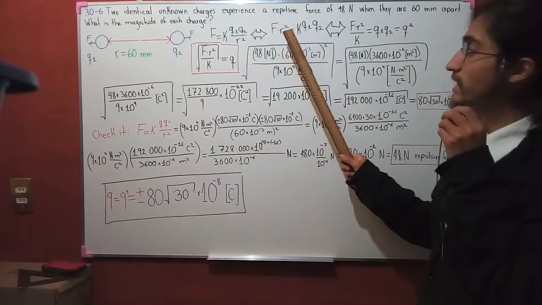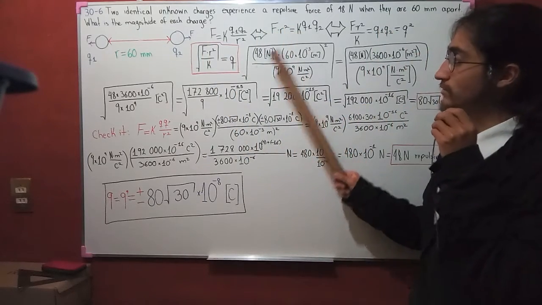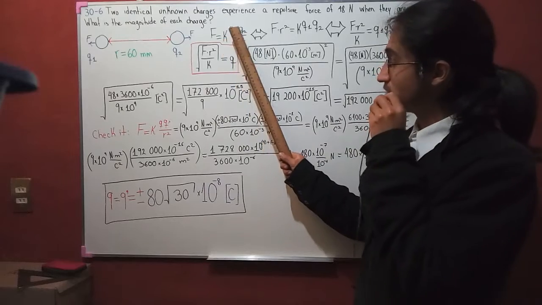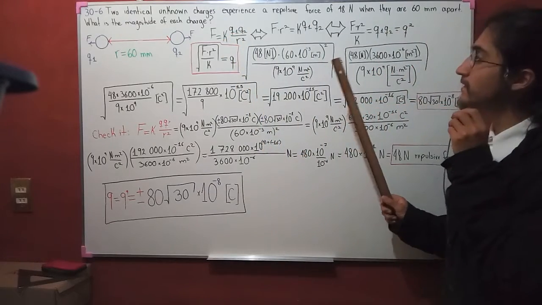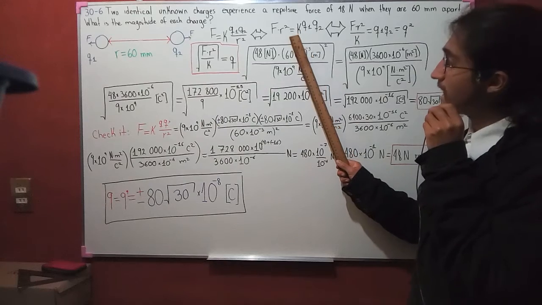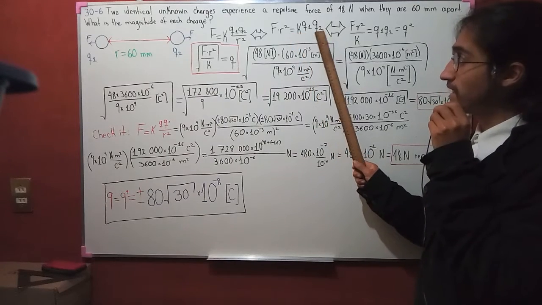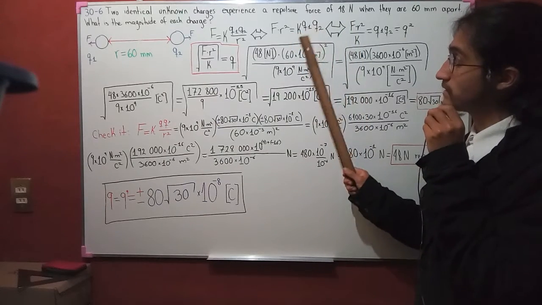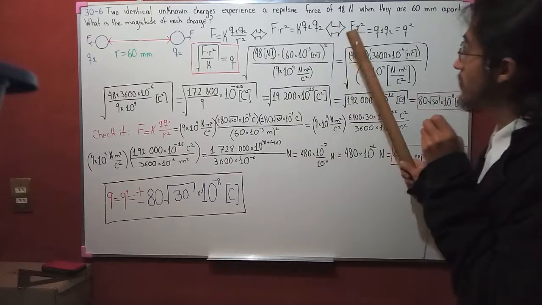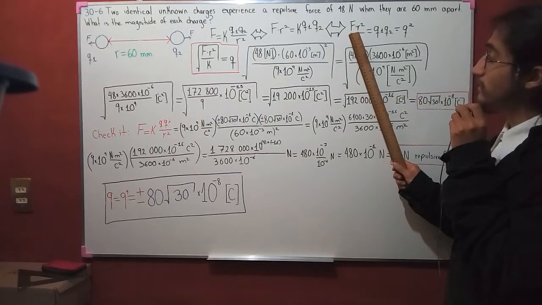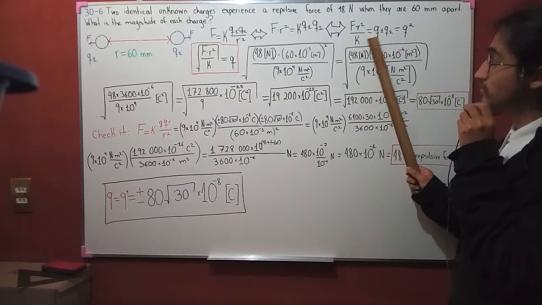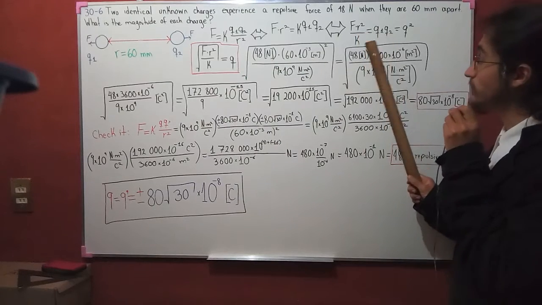So F multiplying R squared is equal to K multiplying Q sub 1 multiplying Q sub 2. Then K is multiplying on the right, so it must divide on the left. So F multiplying R squared divided by K is equal to Q sub 1 multiplying Q sub 2.